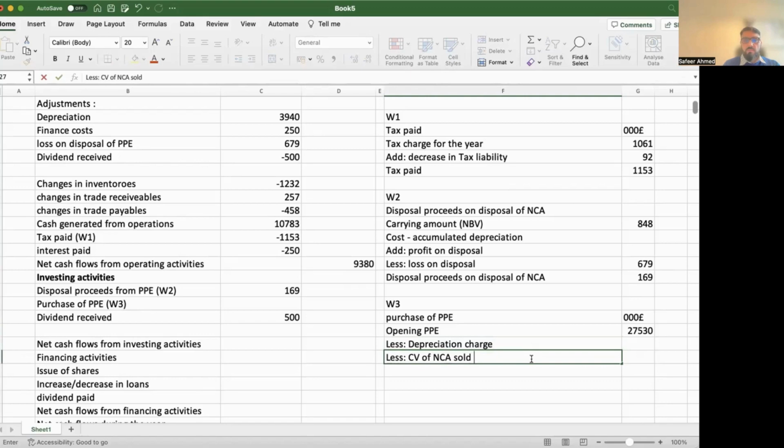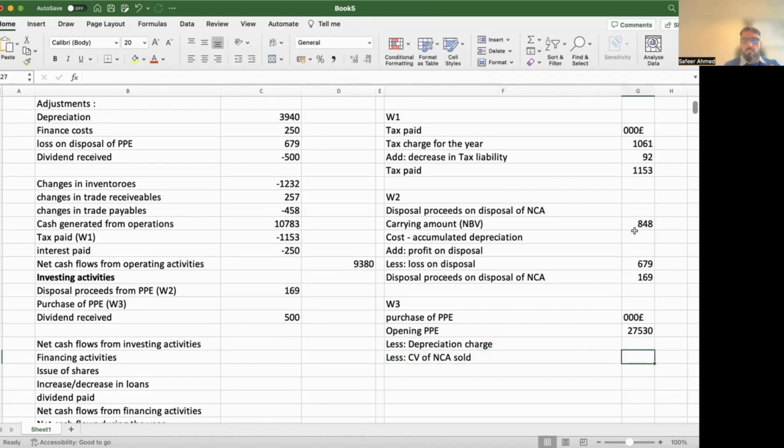In exam, either of them can be used. It's not a big deal, but you can double check with your tutor, your teacher. For AAT purpose, remember they give you a drop-down menu and they will be giving you one of them anyway. So the carrying value of non-current assets sold, which we already know, 848, we'll be deducting that.